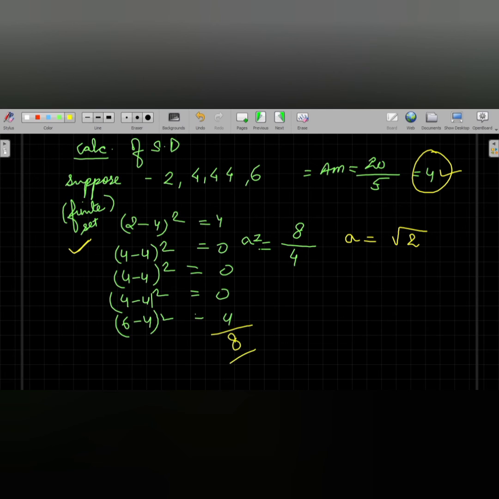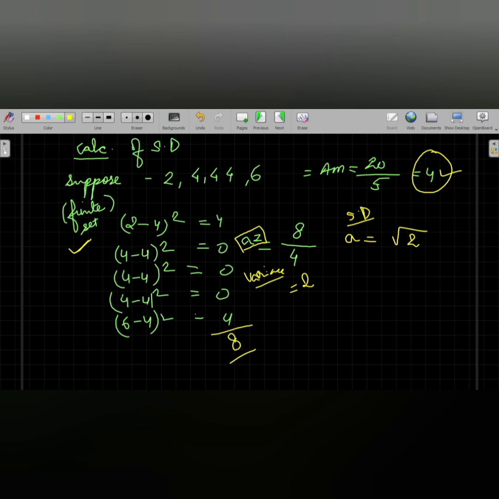Now this is sigma square, meaning this is the variance. If the examination asks for the variance, it will be 2. But if the question asks about standard deviation, the standard deviation will be root 2. Clear?